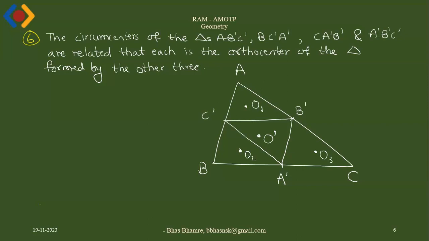So what does it mean? That O1 is the orthocenter of triangle O2, O3, O prime, and so on. Did you find anything? Did you realize something?